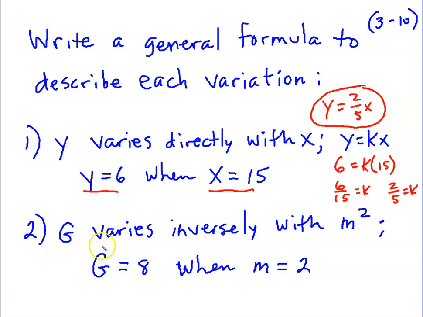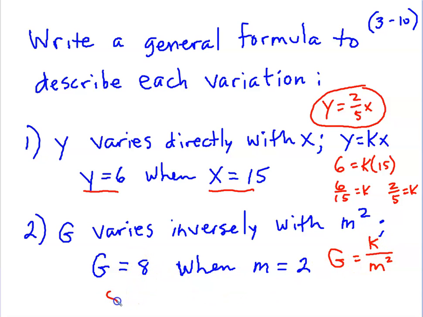Okay, let's take a look at an inverse variation example. G varies inversely with m squared. So what that says is G is equal to k divided by m squared. Okay, notice I give you a couple of values for G and m in order to find out what k is.